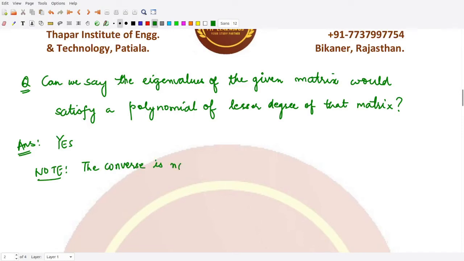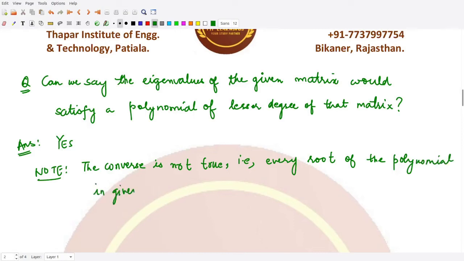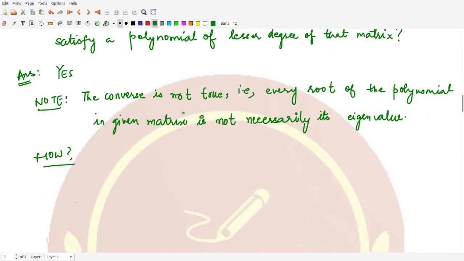That is, every root of the polynomial in the given matrix is not necessarily its eigenvalue, right? So how is this so? Let's see this through the proof.